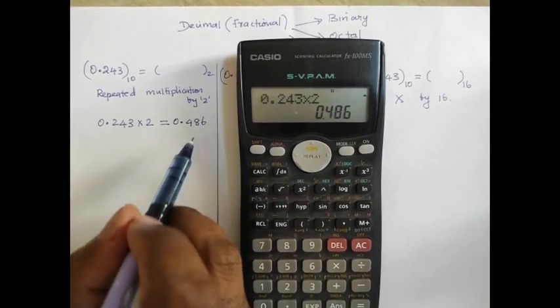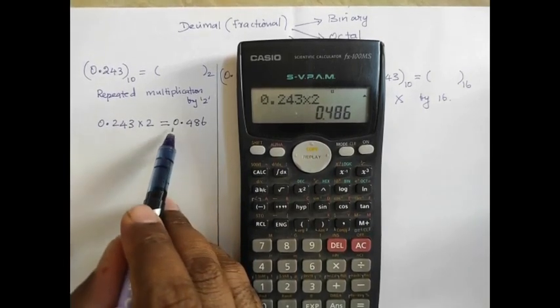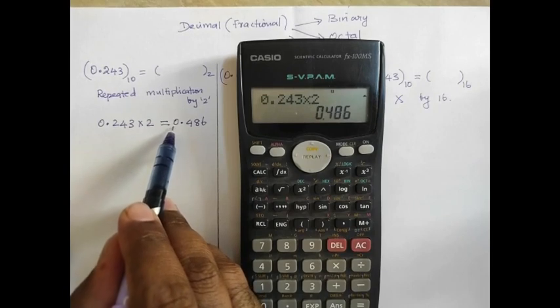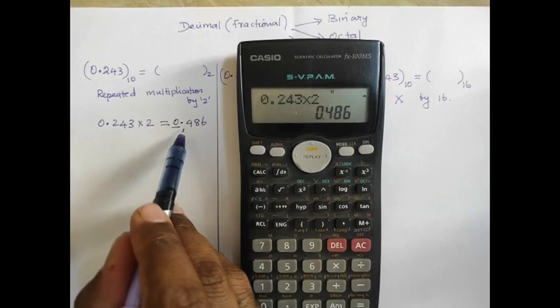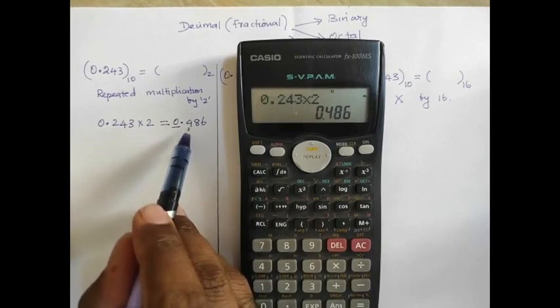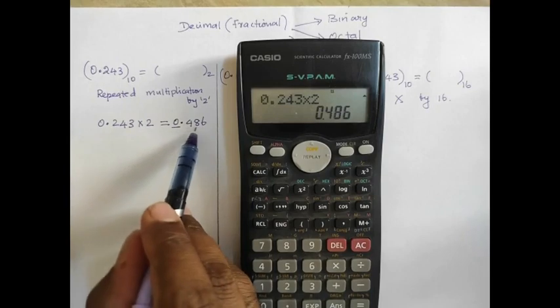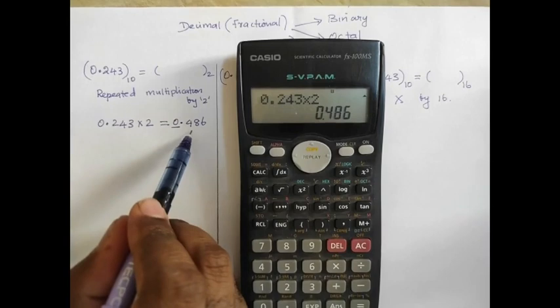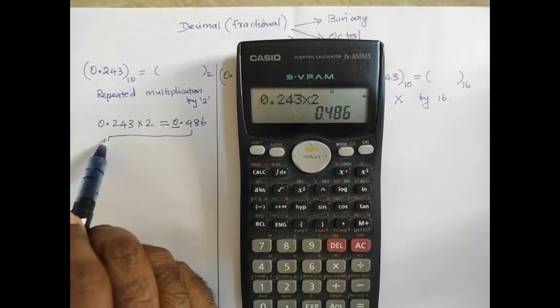Any whole value you have here, you just discard it and don't take it to the next step. Only take the valid values after the decimal point. In this case, what is there after the decimal is 486.